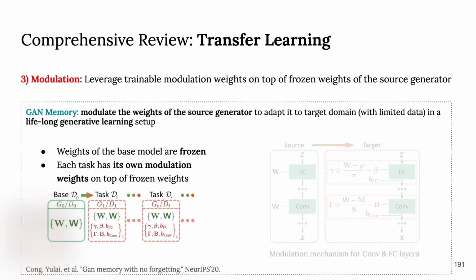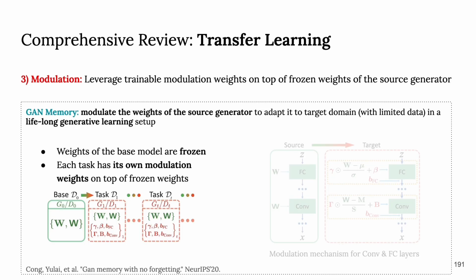And what they do for this, considering the base task as D0, they have some weights for this base task. This is a generator pre-trained on a source domain. They freeze the weights of this base task. And then for each upcoming task, they learn separate modulation weights. For example, we have task D1. We have some modulation weights for this task. We are learning this from scratch using limited data. It is called G1 and D1. Then task D2 comes.